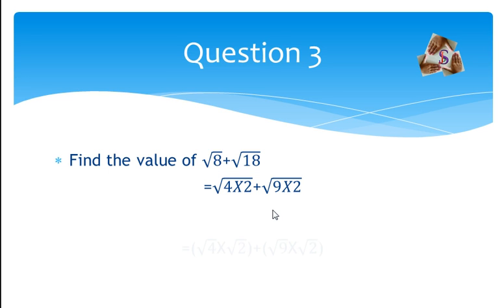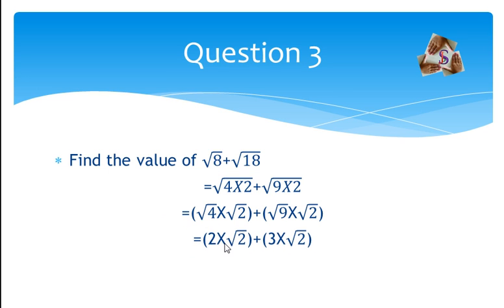So applying the law of indices, it is root 4 into root 2 plus root 9 into root 2. That is 2 root 2 plus 3 root 2. We brought them to the same radical. Now we will group. So it becomes root 2 into 2 plus 3. That is 5 root 2.